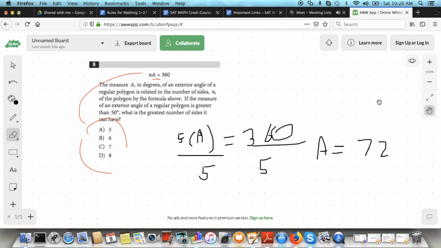You could test values for A potentially until you get something that gives you a true statement. But the easiest thing here, I think you can all pretty much solve for A at that point. Can we agree with that or no? For the most part, this is not even algebra 1. That's like 8th grade pre-algebra. That's pretty basic. Divide both sides by 5.